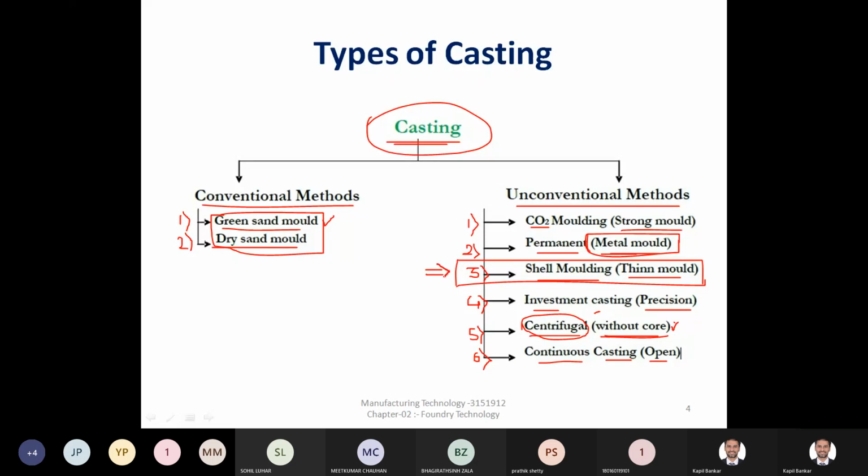Now I'm going to start another process in the unconventional methods, that is CO2 molding. CO2 molding, or the strong molding process. CO2 means carbon dioxide molding process.